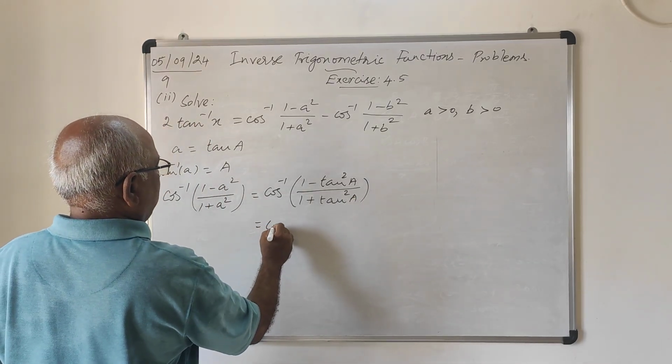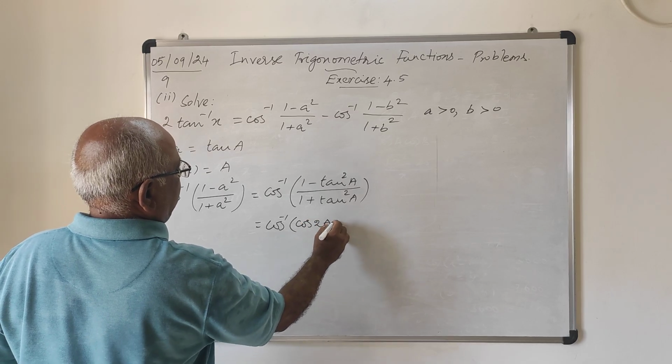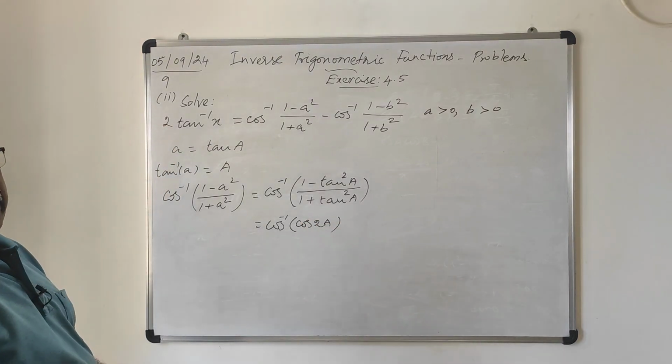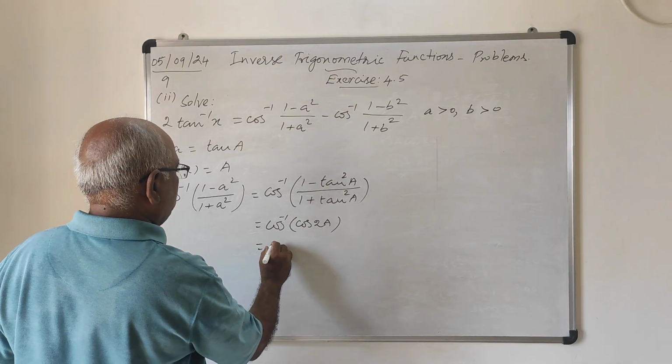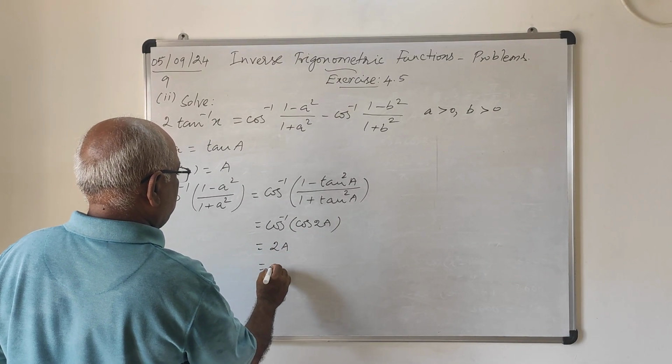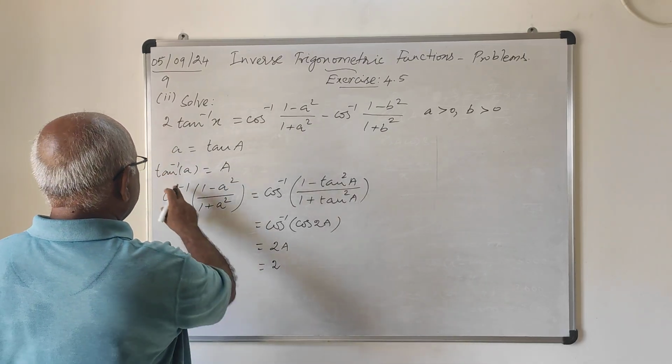This is equal to cos inverse of cos 2A, because the trigonometric result (1 minus tan square A) by (1 plus tan square A) is cos 2A. So cos inverse of cos 2A is 2A, that is equal to 2 into A, which is 2 tan inverse of a.